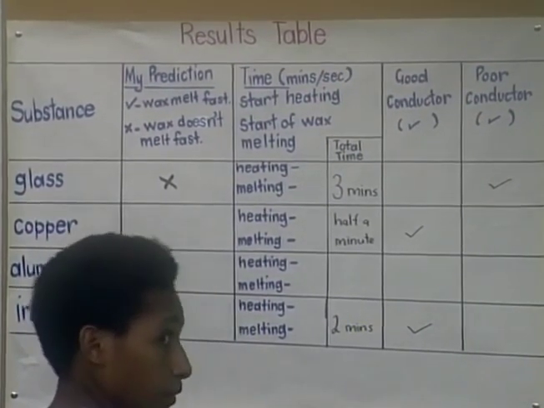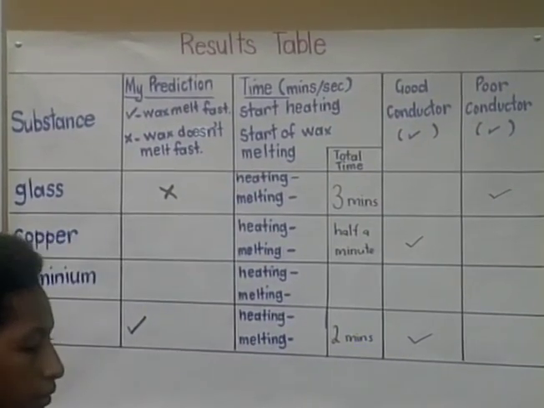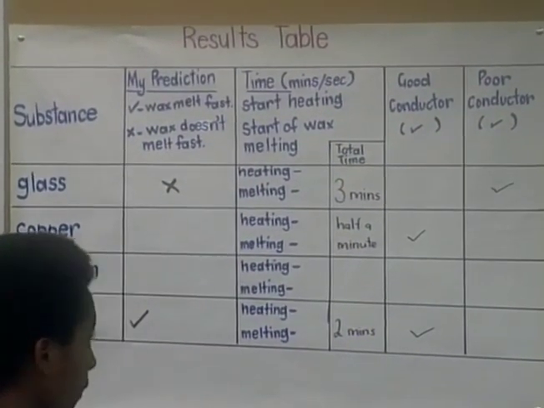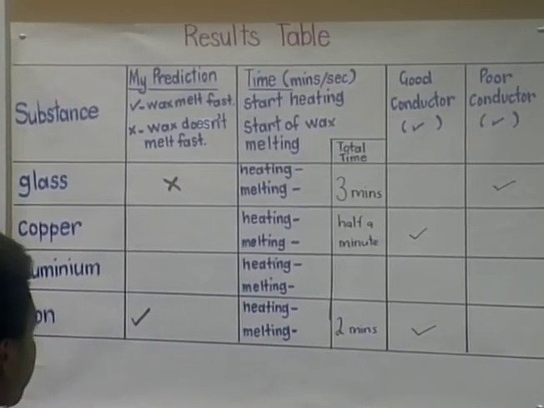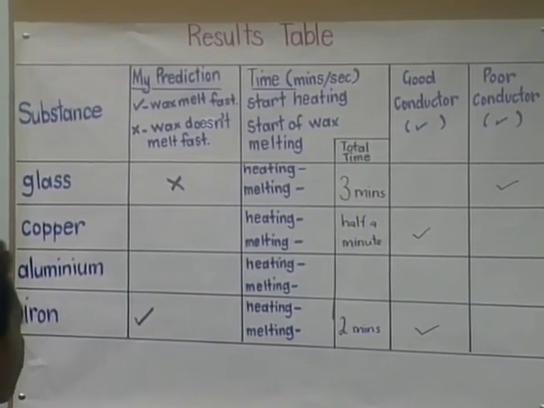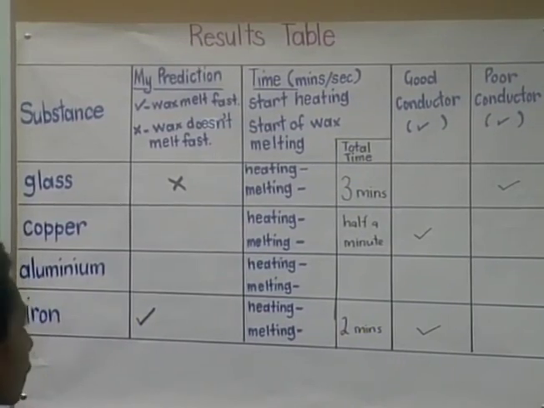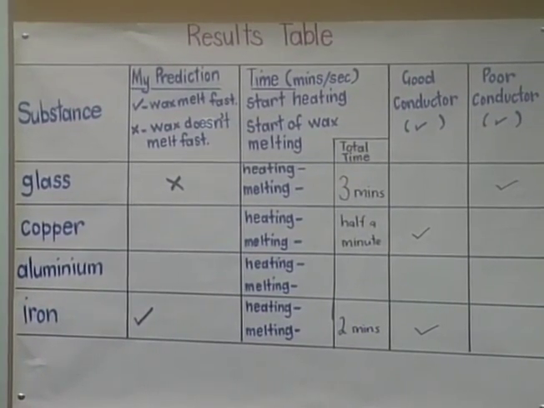Now, if you can tell us something about your findings, because we have different total times there. With glass, we have 3 minutes, copper, half a minute, and iron, 2 minutes. If you can tell us something about that, Diane.